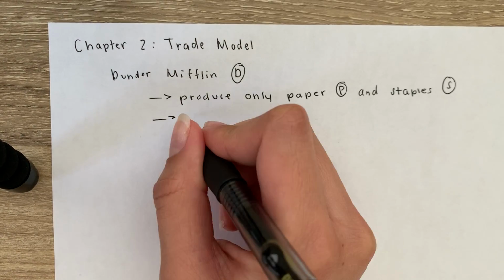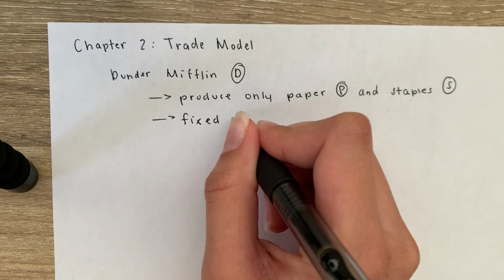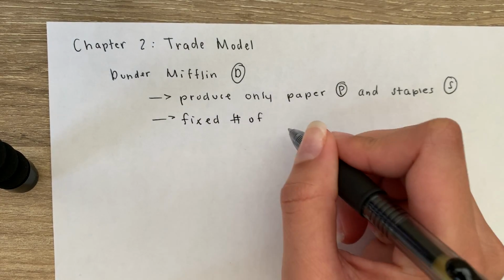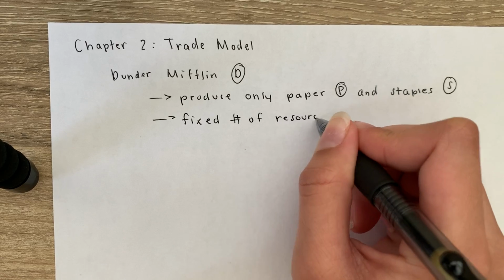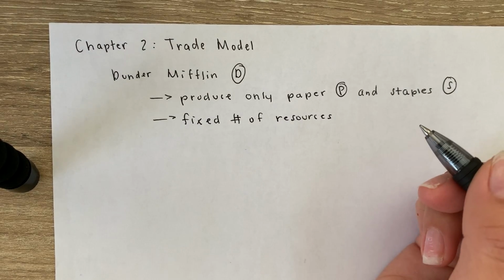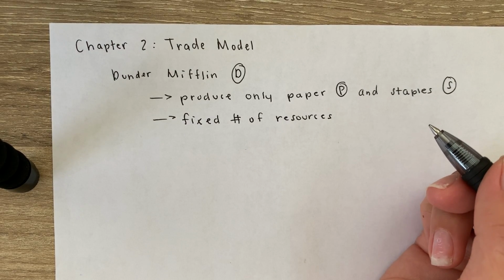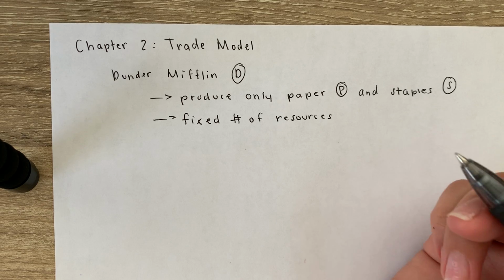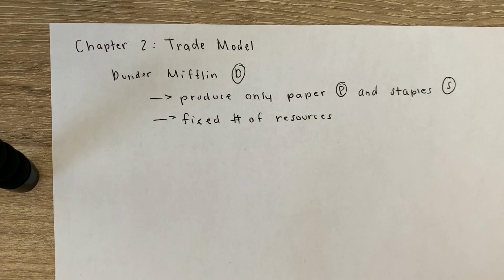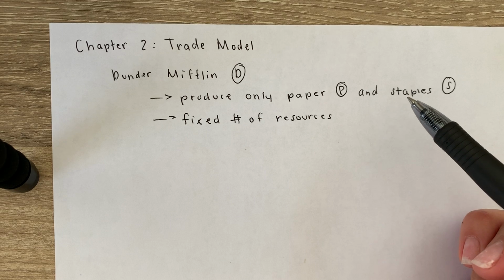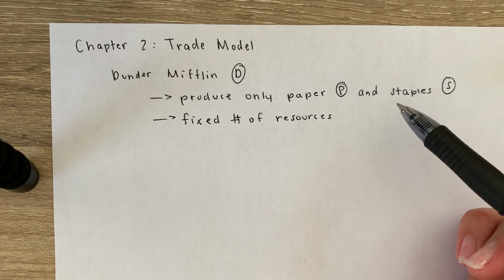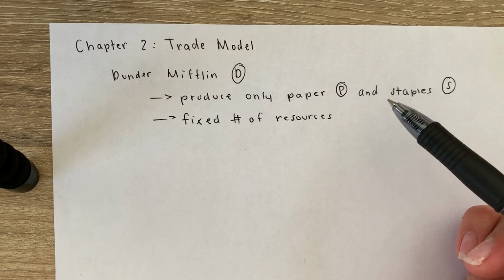And then we also know that they have a fixed number of resources, so resources being like the things that you need to produce paper and staples. And then we're also going to assume that technology is not changing.